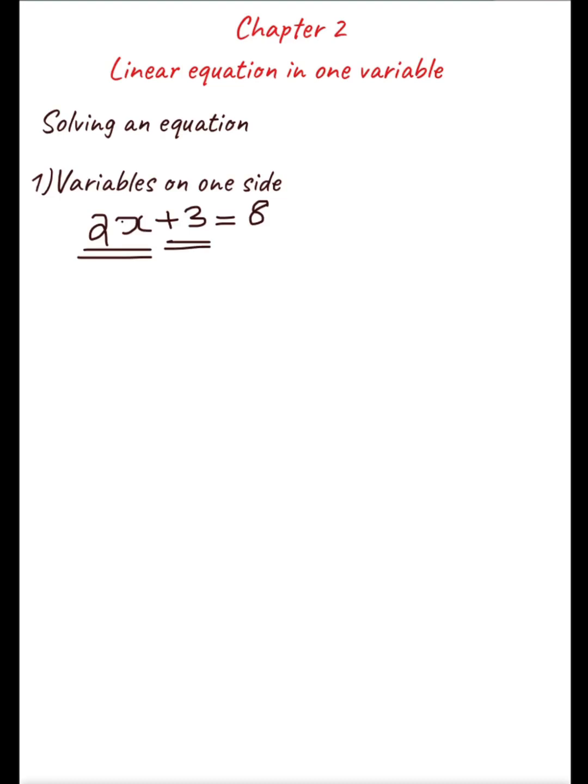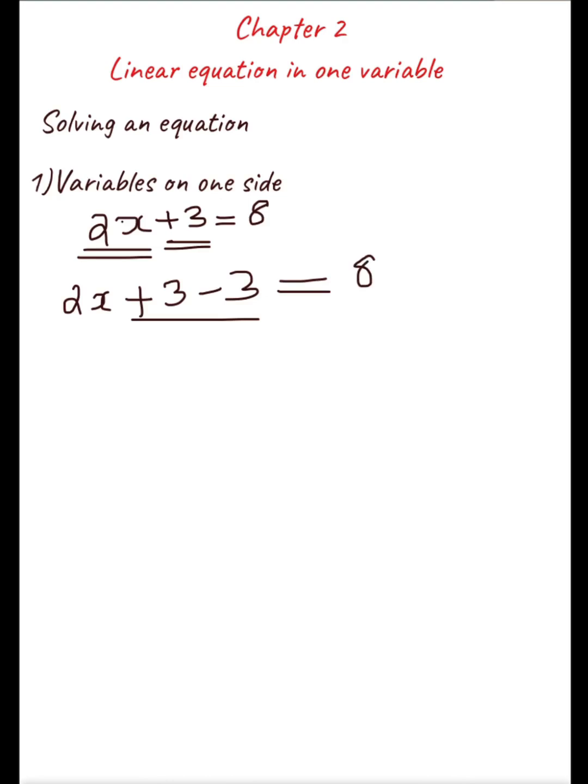In order to remove this plus 3, you can just subtract 3 from here. If you subtract 3 from this side, then this will get cancelled. But remember one thing, whenever you are doing anything on one side, the same step should be done on both sides.